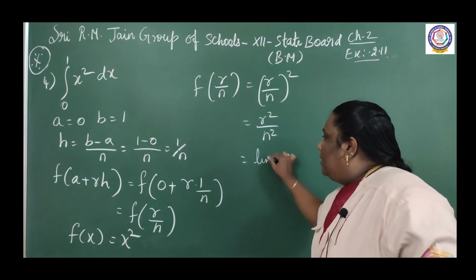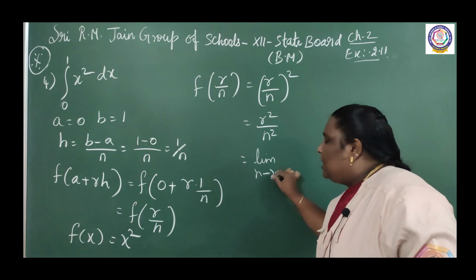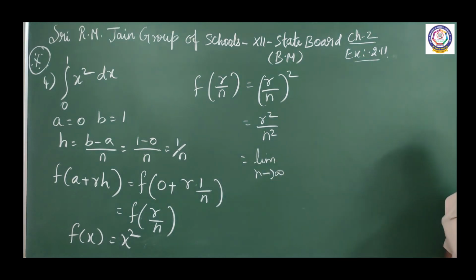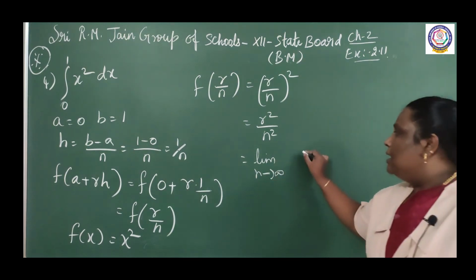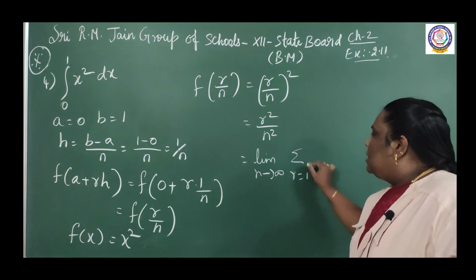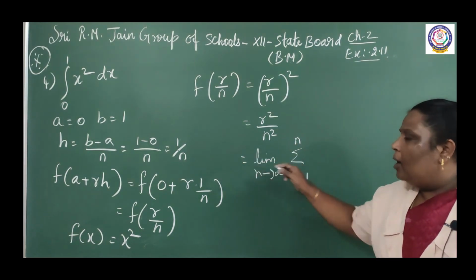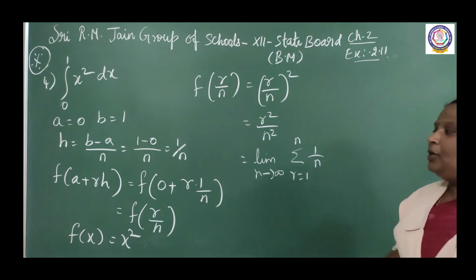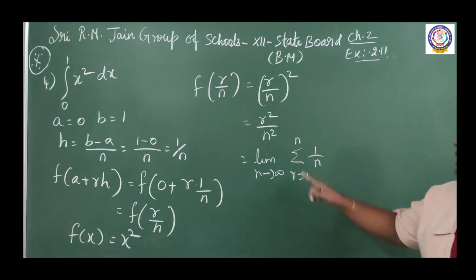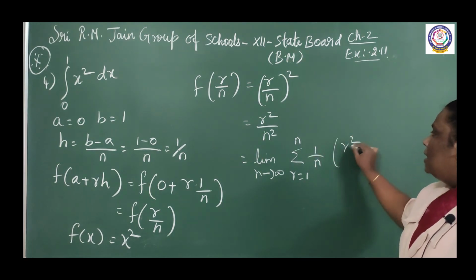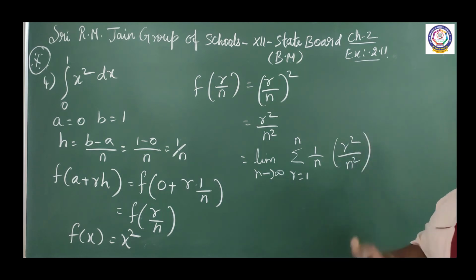Limit n tends to infinity, sigma r equal to 1 to n, h into, what is h value here? 1 by n into f of a plus rh value, r square by n square.